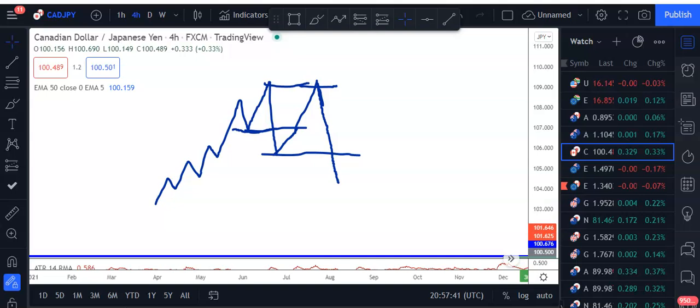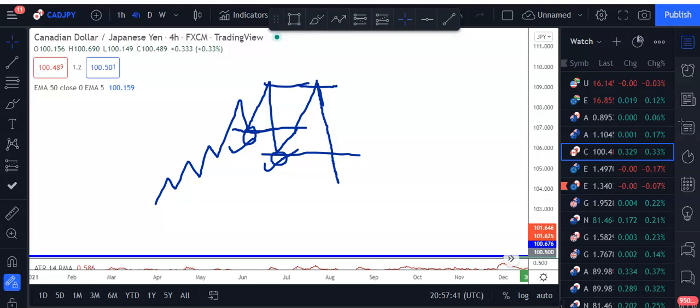And as you can see, like I said, I wait for the market to break two support levels when it's in an uptrend, number one, and the second level here. Then I will conclude that the market is in a downtrend, or the market has made a reversal structure.